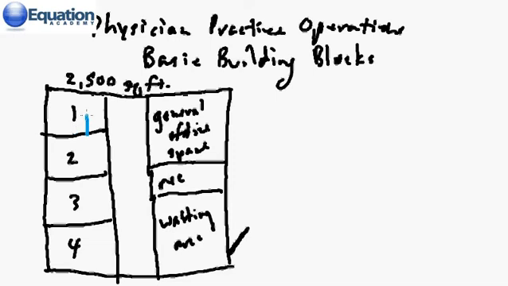So let's say that each exam room might have an exam table or chair. It also might have a workstation. This might be a computer or something similar where the physician can access the patient's records and other things that he needs to do his work. In the office space, there might be a couple more computer terminals.